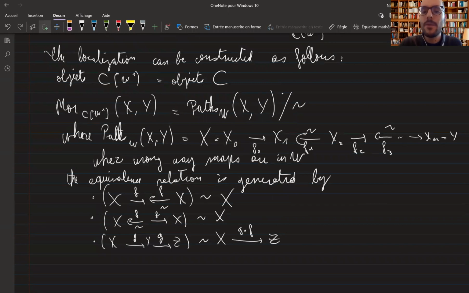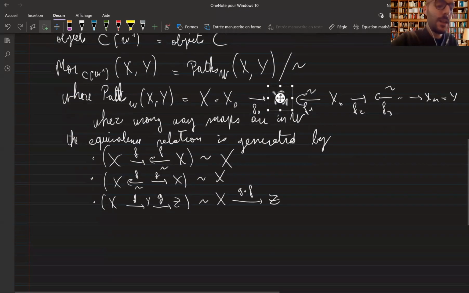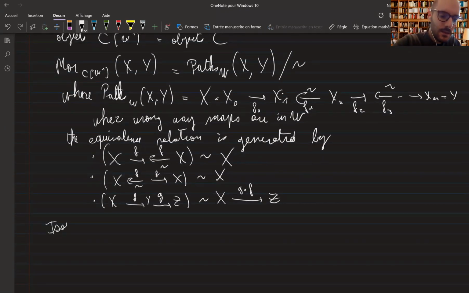Even if we assume that there is only a set of morphisms between two objects, there can be a proper class of morphisms in the path category. It's a slight issue, but it can be fixed. It's not really a problem for us. But the real issue is that it's very hard to do computations.